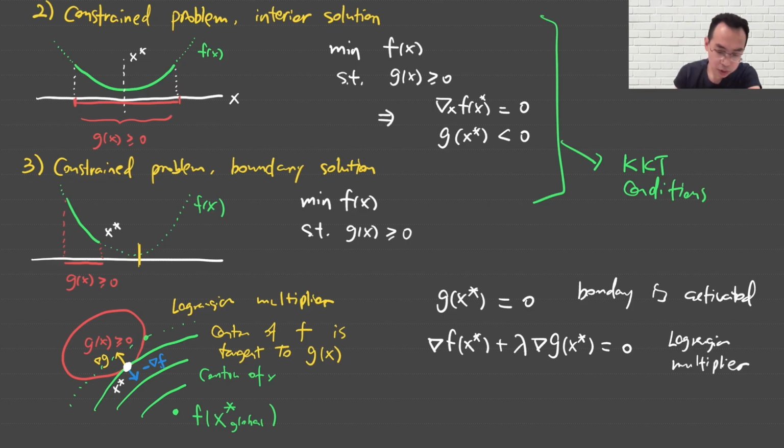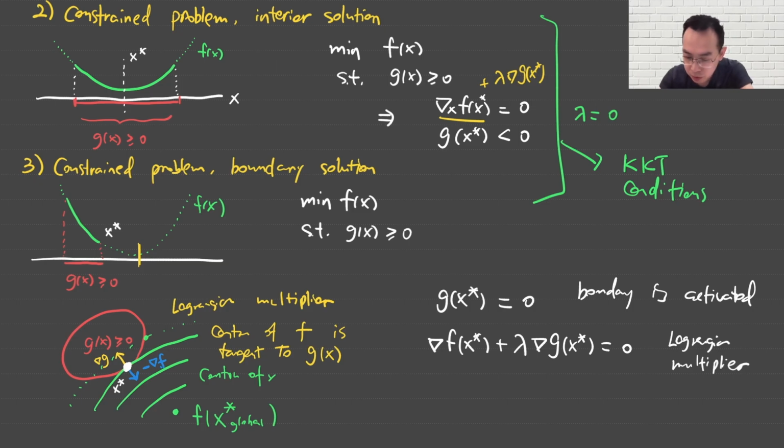A trick that we can use here is that for this interior solution, we can introduce a multiplier variable, the same variable lambda, into here, but setting lambda equals to zero. We can augment this first equation by adding lambda times the gradient of g x star, equals to zero, because lambda equals to zero in this case. So that is really the idea of the KKT conditions.